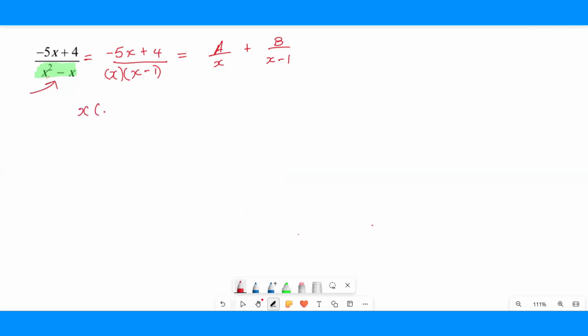We have x times x minus 1, and that will be used to multiply by negative 5x plus 4 over x times x minus 1.